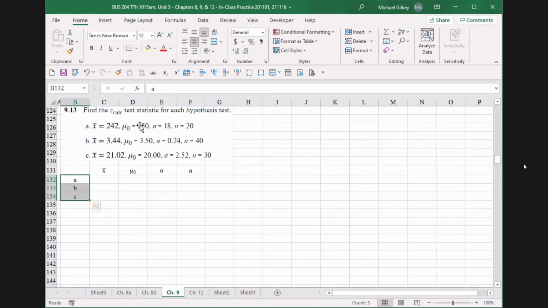We know what our hypothesized mean is, we know the population standard deviation and we know the sample size. So let's type that in for this first one: 242, hypothesized 230, standard deviation 18, sample size 20. So how am I going to calculate the test statistic?